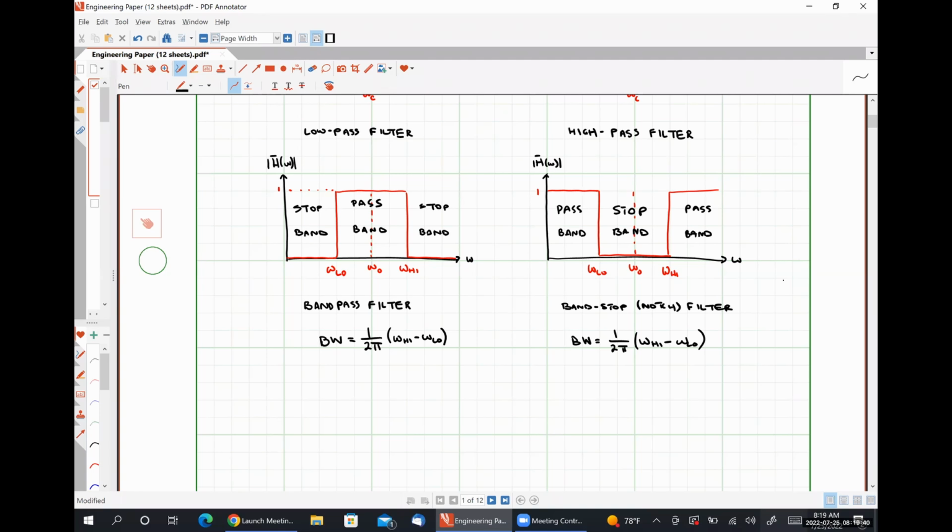All right, so let's look now at a practical filter circuit.